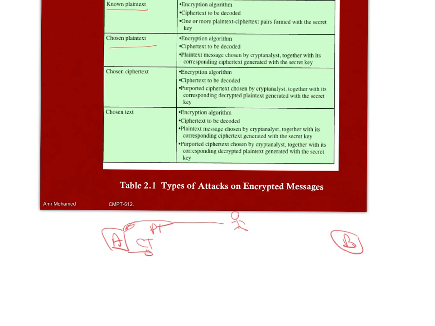Okay? And the difference between this and the other one is that knowing the plain text does not mean that you can control what plain text you can give to Alice, right? You can have certain assumptions about a certain plain text, but you cannot control it.